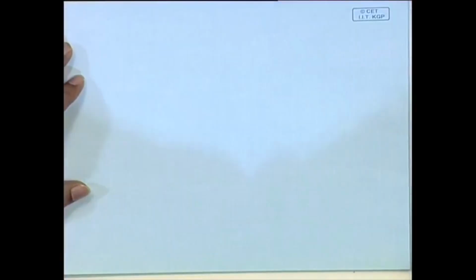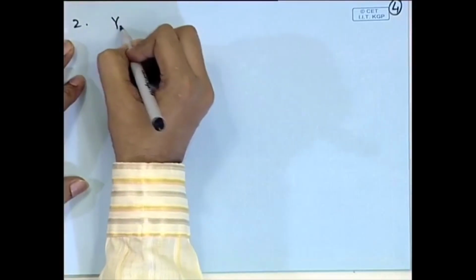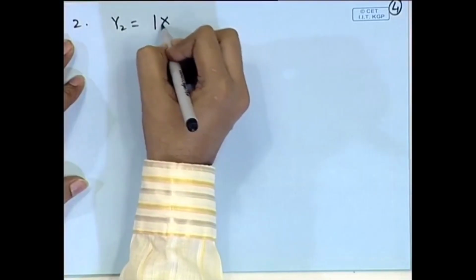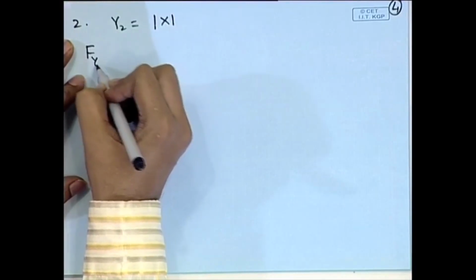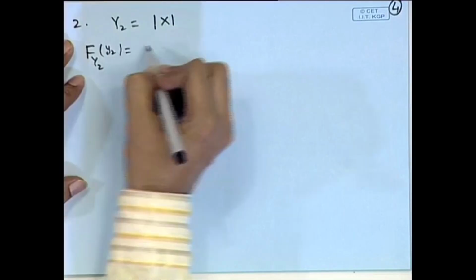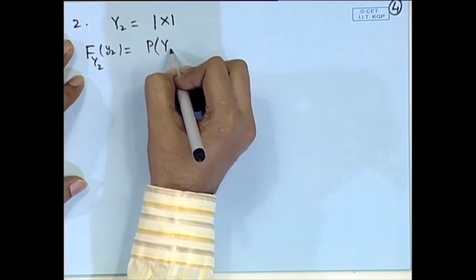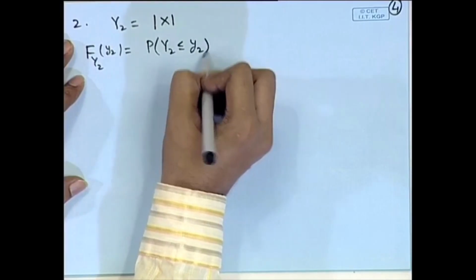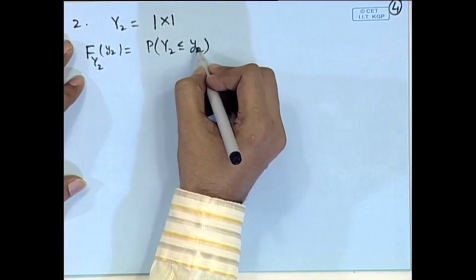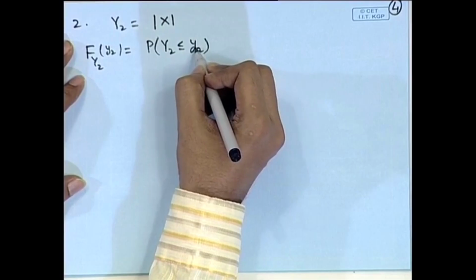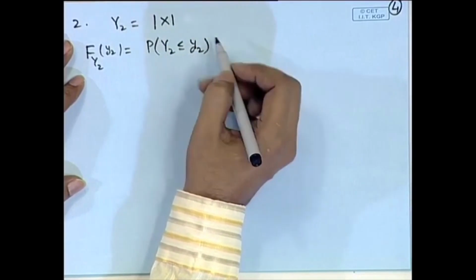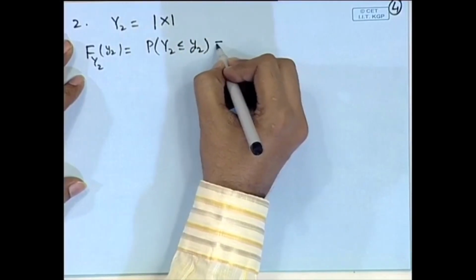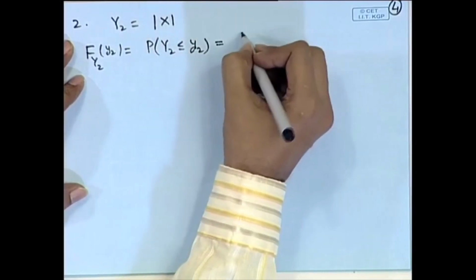Let us take another example. Say y2 is equal to modulus of x. If we look at the CDF of y2, notice here that if y2 is a negative number, then this probability is going to be 0, because modulus of a random variable is always a non-negative quantity.